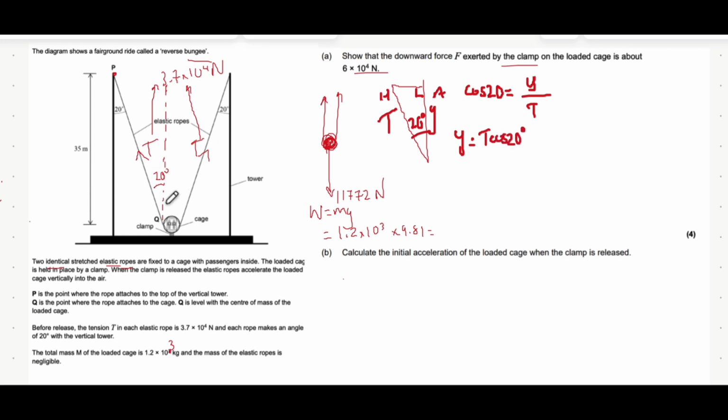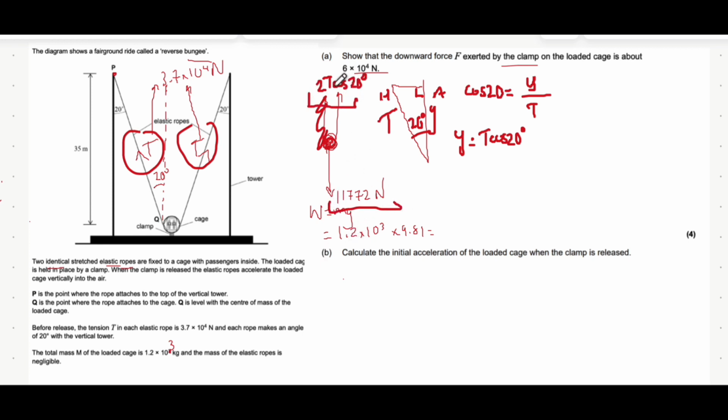Now that not only acts due to this tension, but also due to this one. So that means that there's two of these vertical components of the tensions. Because there's two T cos 20s acting up the rope, in total there's 2T cos 20 degrees of vertical force acting up on the rope. Now it says show the downward force exerted by the clamp is this much. The downward force exerted by the clamp is the resultant force between this force here and this force here.